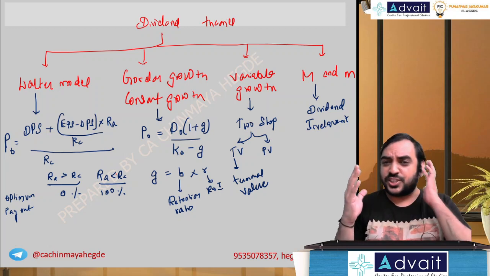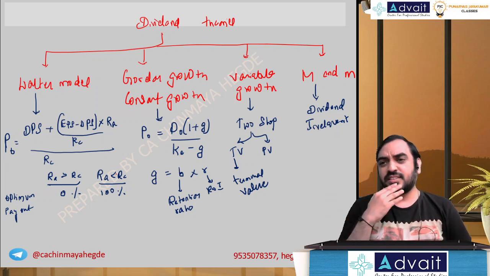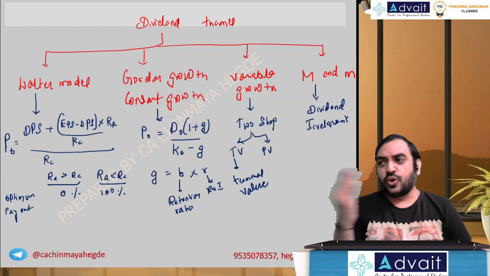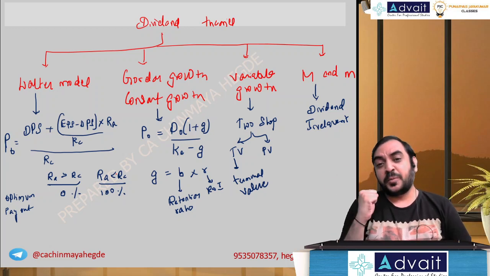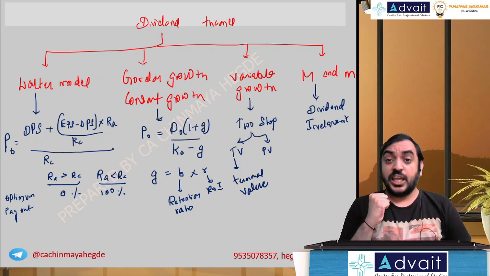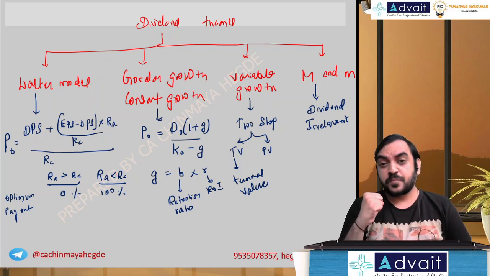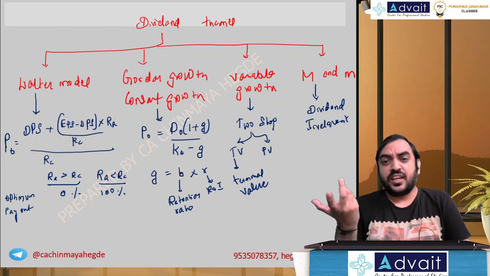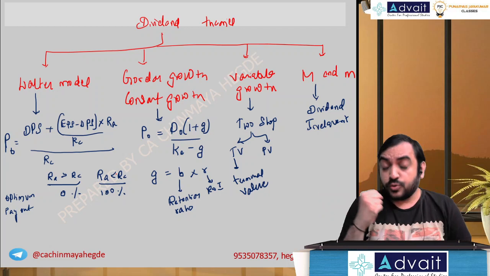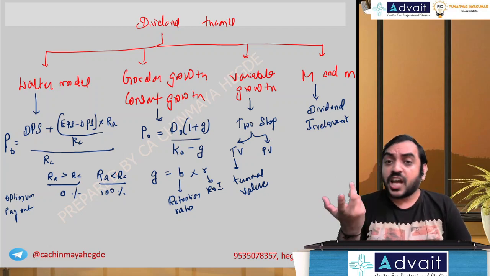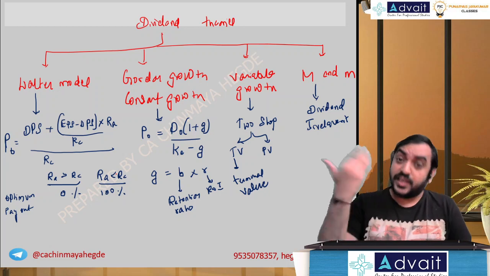Imagine a situation like this. There is one person sitting over there and you go and tell him, why are you wasting your time? Why don't you do CA and achieve something in life? He says, why should I do CA? You say, you can do articleship. After that, you can write exams. After that, you can write many exams.